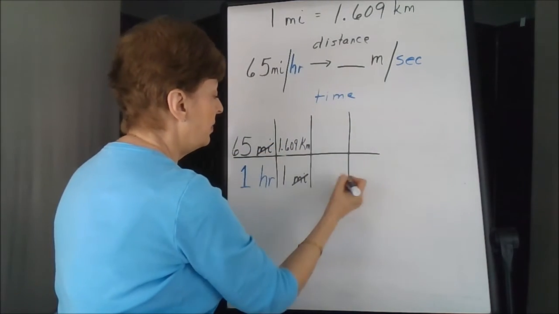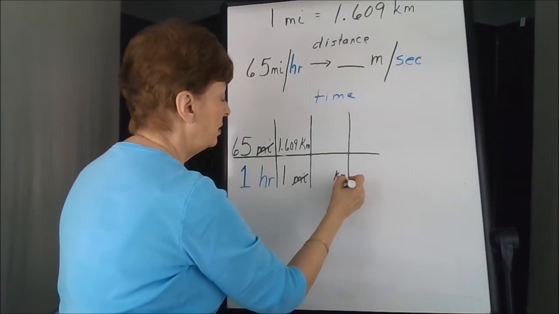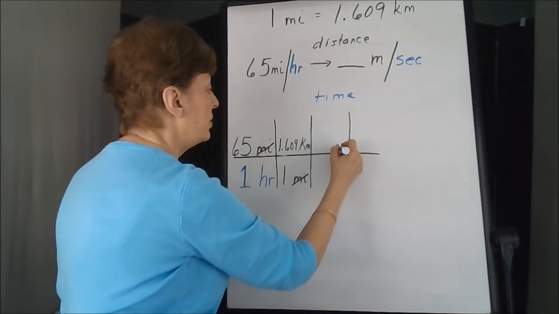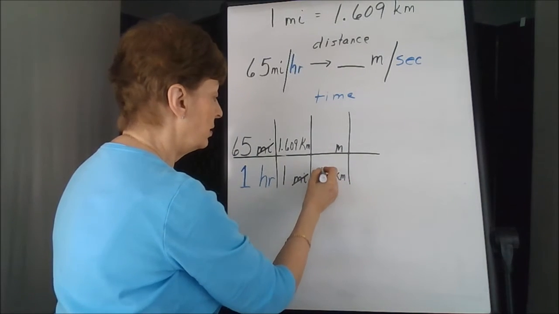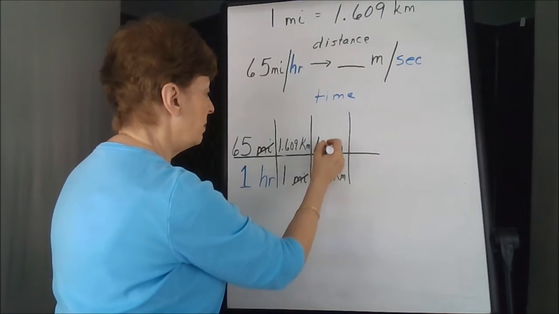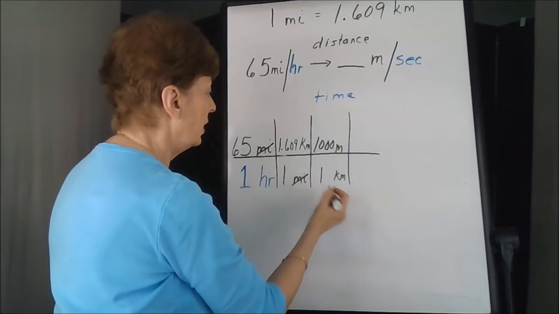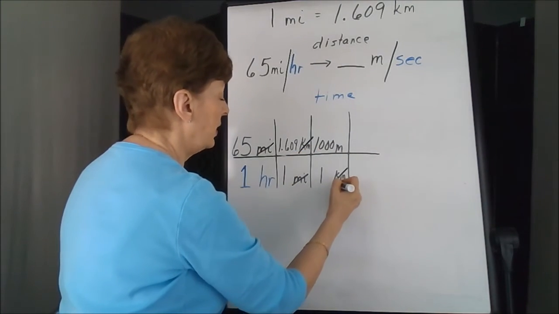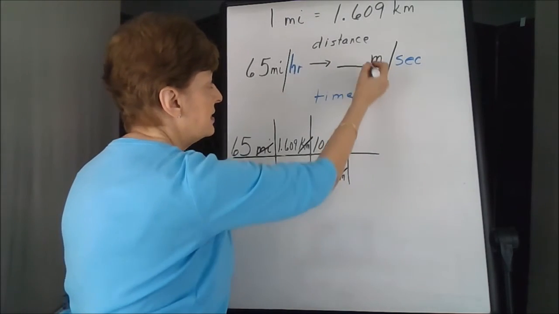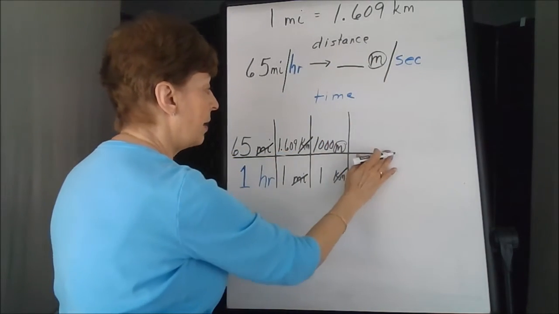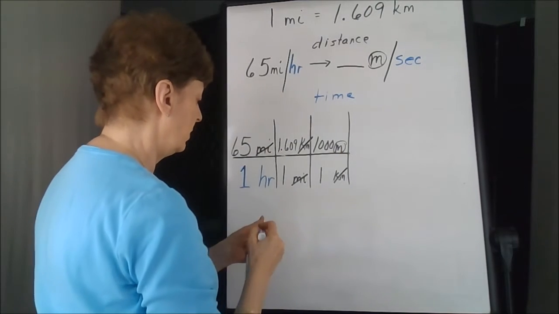The kilometers have to go to the bottom now, and now we can do our meters. So in 1 kilometer, we have 1,000 meters. I can cross out the labels. And now my meter is exactly what I need, so I can stop. I'm done with that part of it.